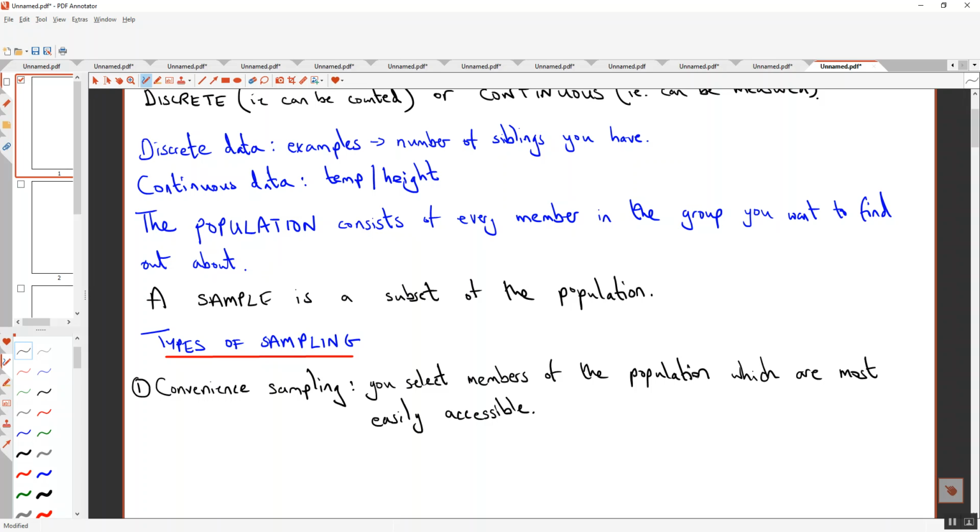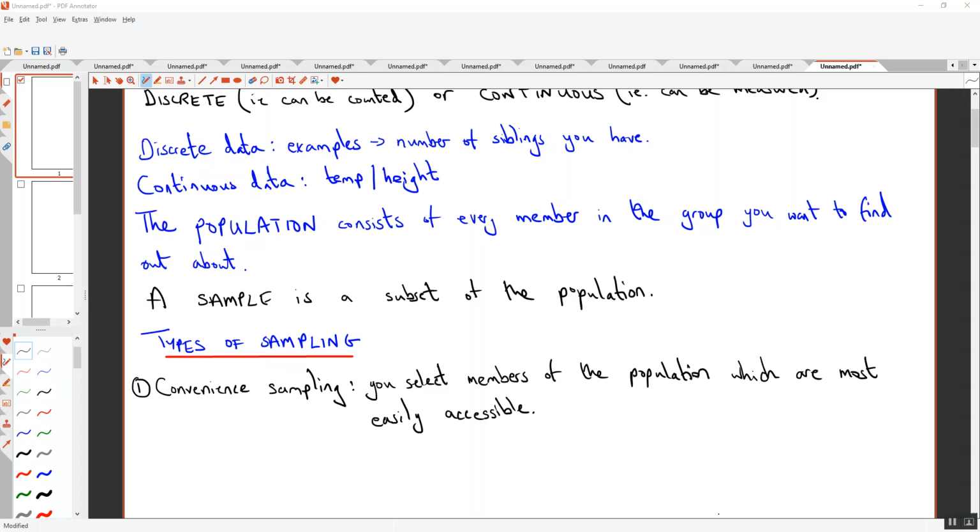So for example, this is not the population of DP students in Summersfield, because it would include the other 3 and Jake. But if we wanted to do sampling for all of DP2, we could do convenient sampling just by sampling you lot, okay? And that would be easiest because you're right here, right now. It means I don't need to go next door, I don't need to contact Jake. Yep, that's an example of convenient sampling.